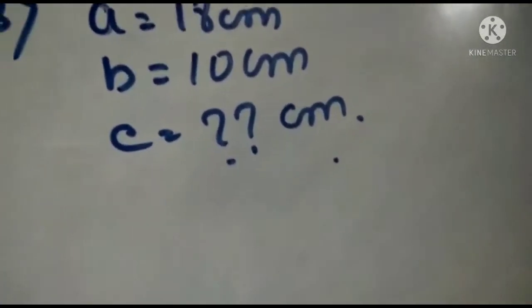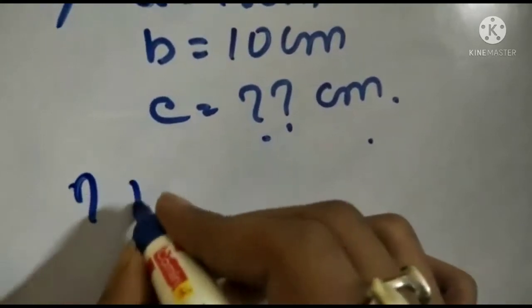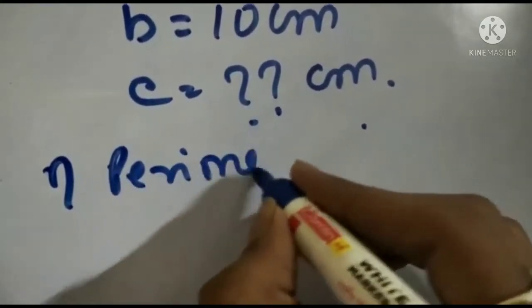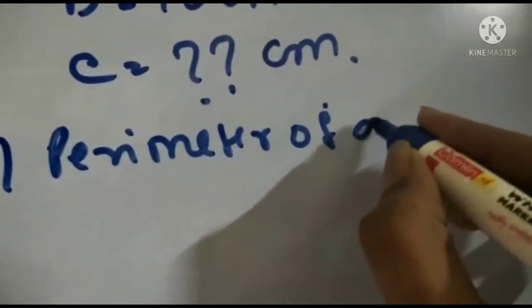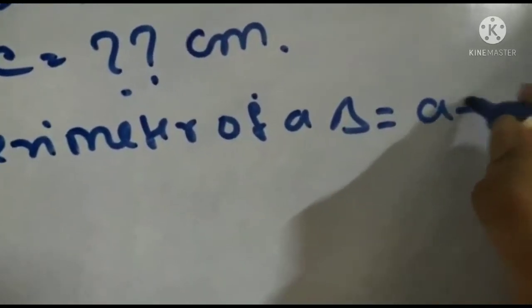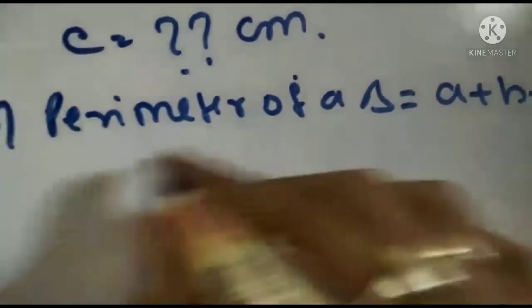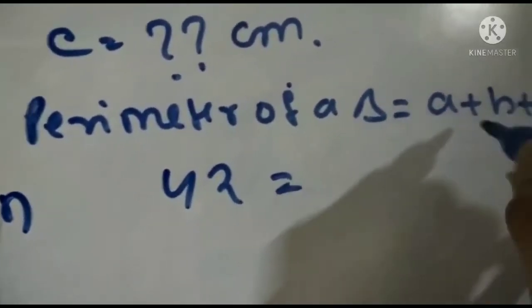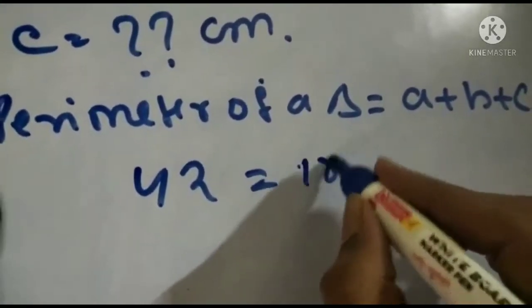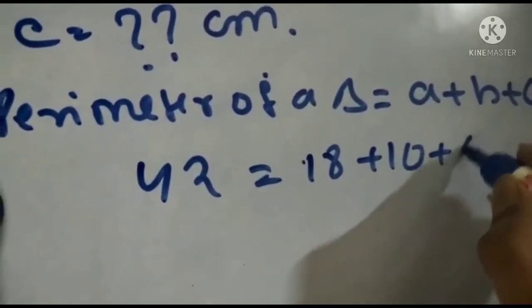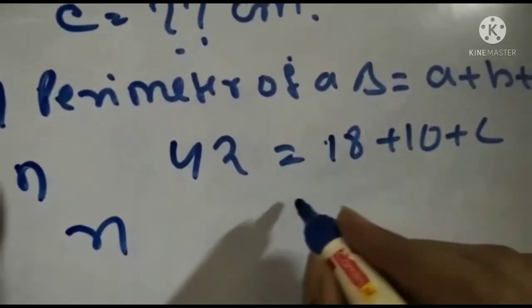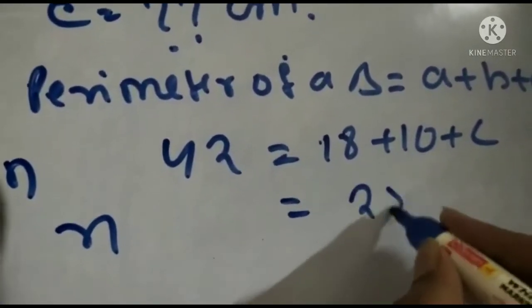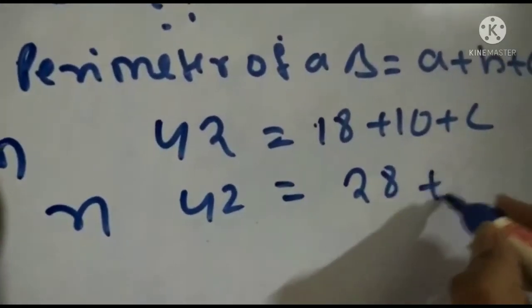We can find c because we know that the perimeter of a triangle is equal to the sum of all the sides, a plus b plus c. The perimeter is given as 42, which equals a plus b plus c. We know a is 18, b is 10, so 18 plus 10 is 28, and 42 equals 28 plus c.